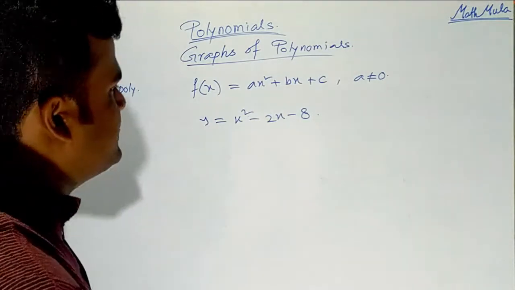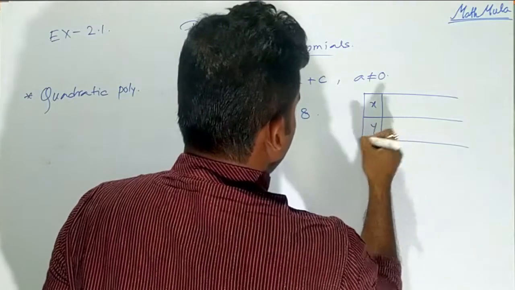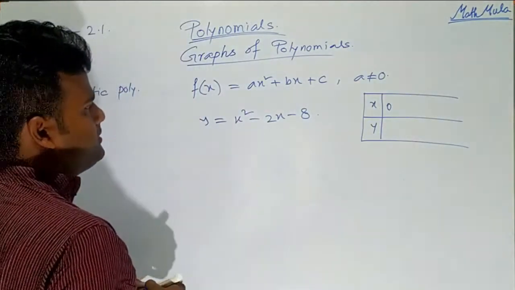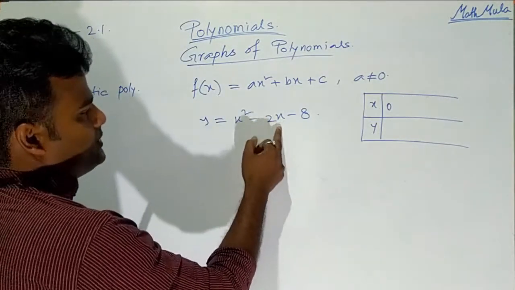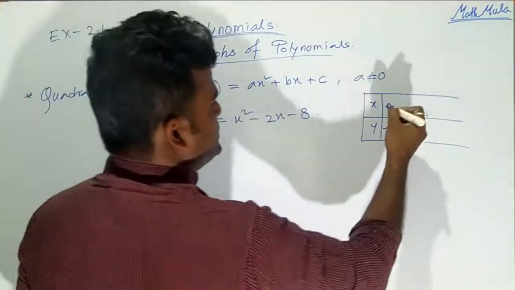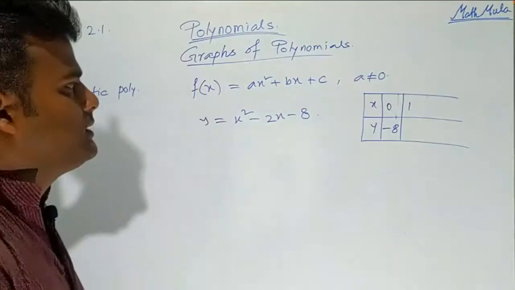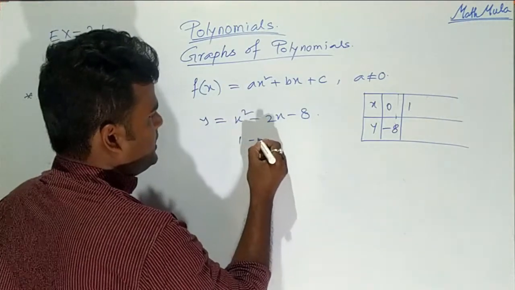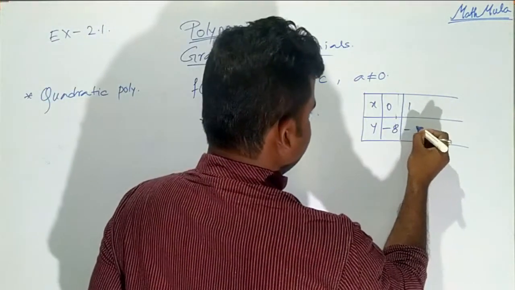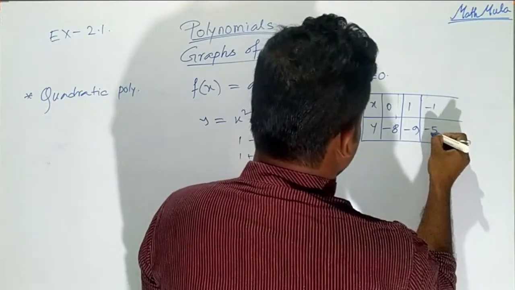So first we have to find out the coordinates x, y. First we let the value of x be 0. Then y will be 0 - 0 - 8, so y is -8. Now we put x = 1. Then it will be 1 - 2 - 8, that is -9. For x = -1 it will be -5.